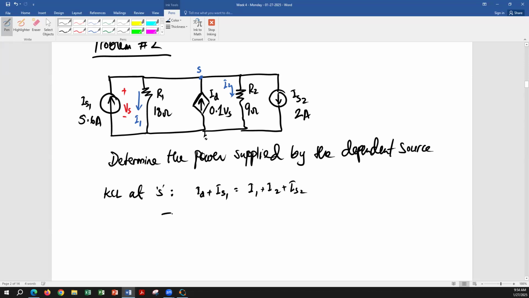All right. Okay, so ID is 0.1 Vs. Remember, we are trying to figure out the voltage Vs. So we can put everything in terms of Vs. IS1, we know the value. No need to do anything with that. All right, what is I1?